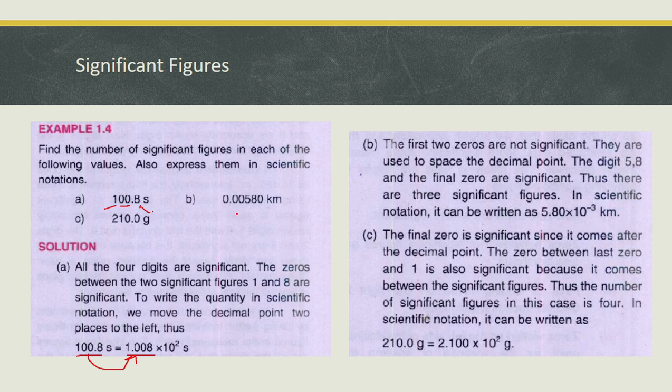Similarly, in the second example, you see these two zeros are not significant because they are on the left side of the significant numbers, and there is no significant number on the right side of these two zeros. So these first two zeros are not significant. They are used to space the decimal point.